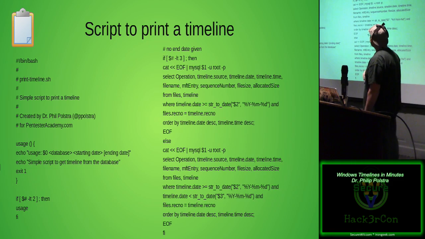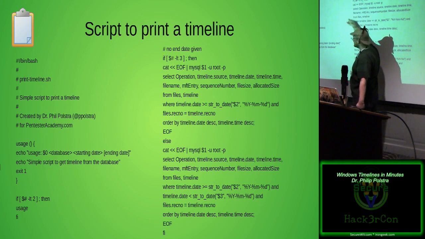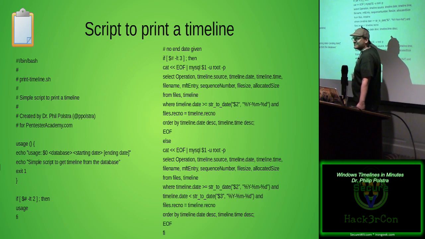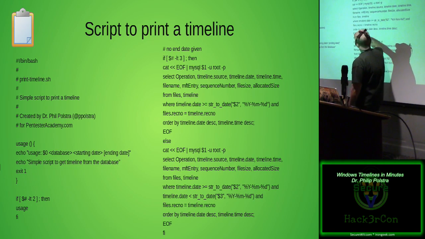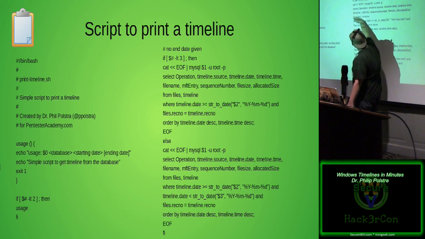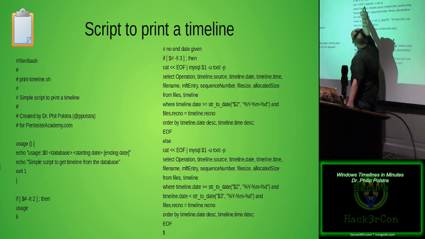You didn't give me an end date. You gave me less than 3 things. What I'm going to do is use a little trick that we have in shell scripting where I can say cat less than, and then some sort of marker. What does that do?